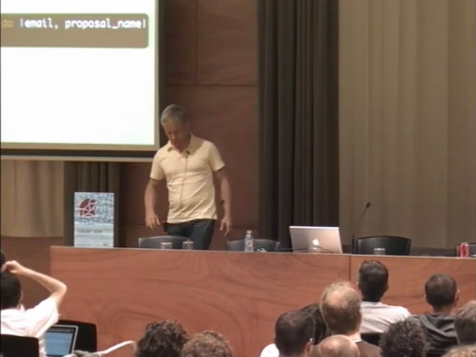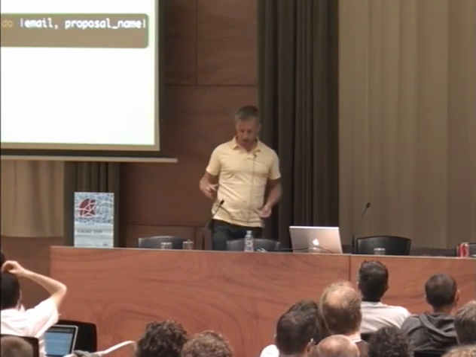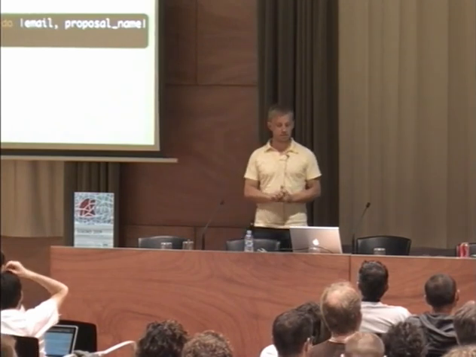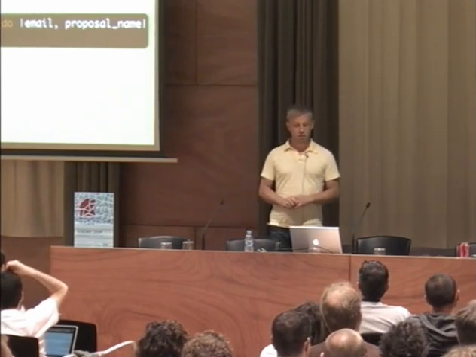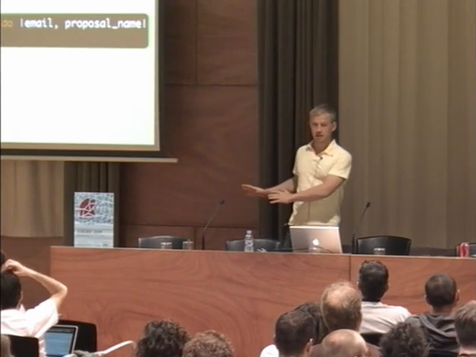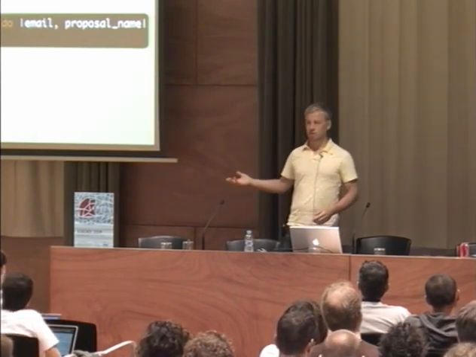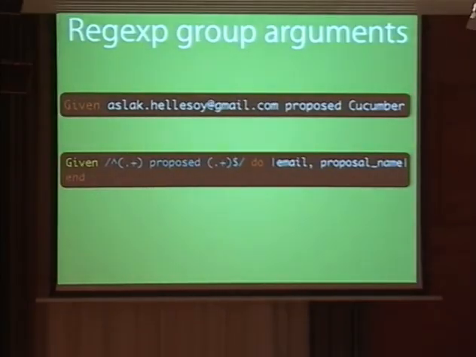Sometimes you want to reuse the same step with slightly different arguments. So here I've done a slight refactoring of this particular step. Maybe I had some other test where I was passing in some other email address and some other presentation name, proposal name. So I can refactor this. I can introduce a regexp group in my regexp.